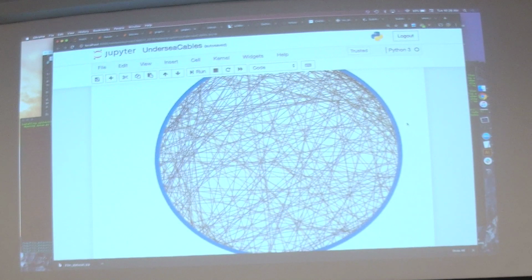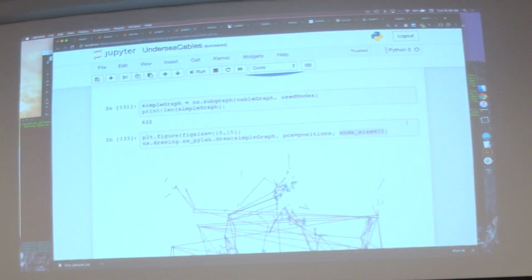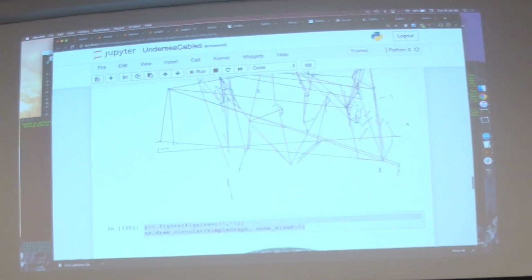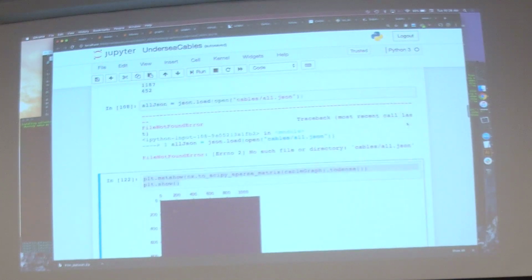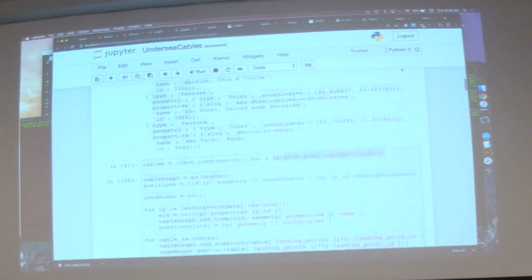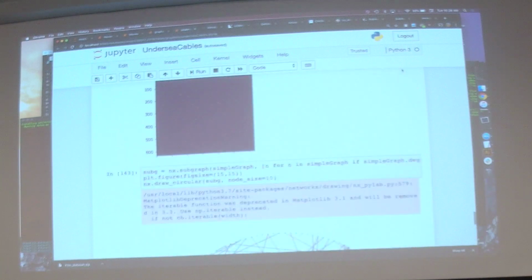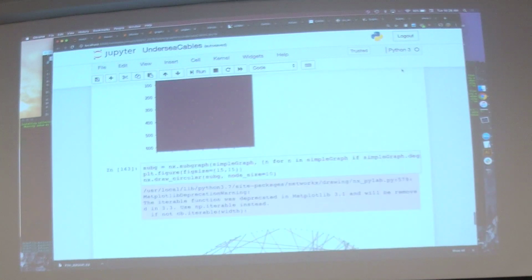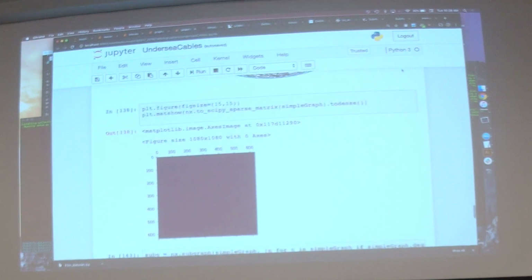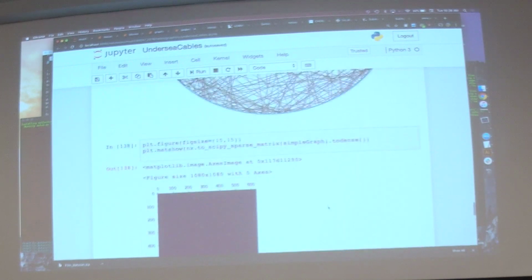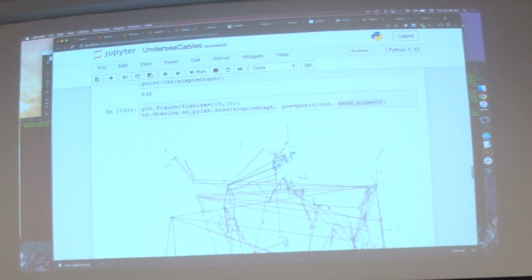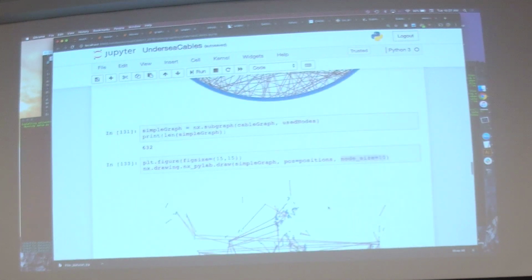All right, so I have this graph with too much stuff in it. The next thing I thought about was, okay, well, I can simplify this graph by throwing away all the nodes that nobody uses. Here we go.